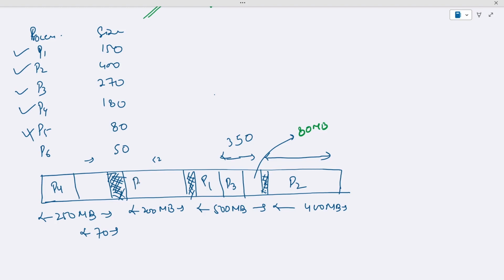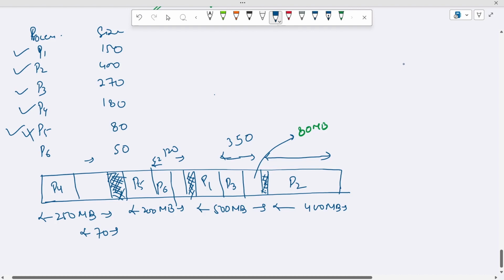So P5 gets 80 MB here, and the space left is 120 MB. P5 is completed. P6 needs 50, and the highest space is in the second block. So P6 gets space in the second block, which is 50, and the space left is 60 MB.